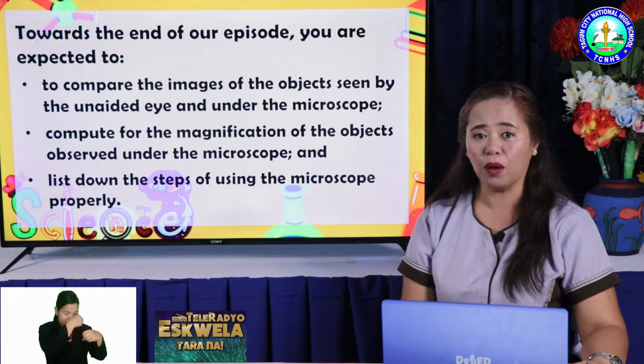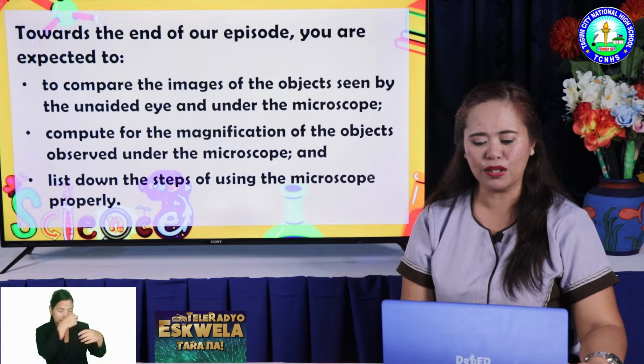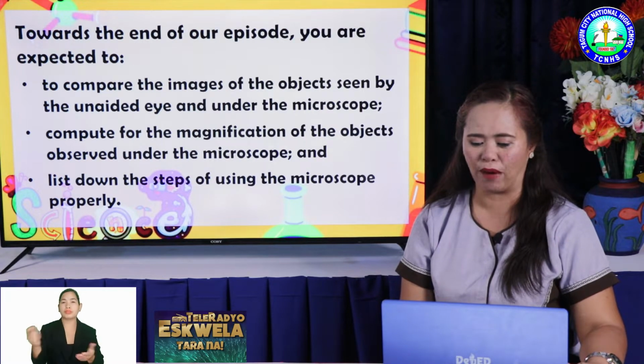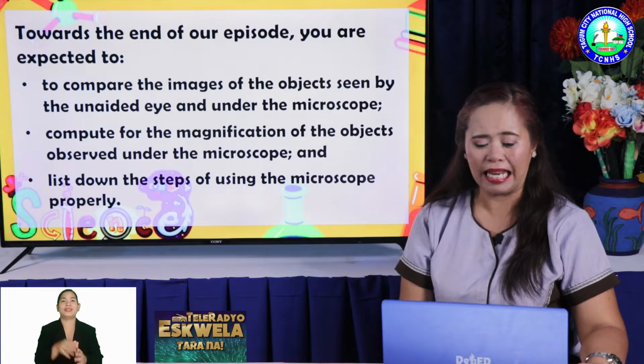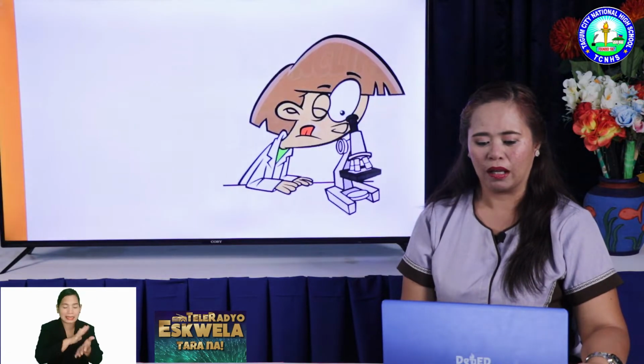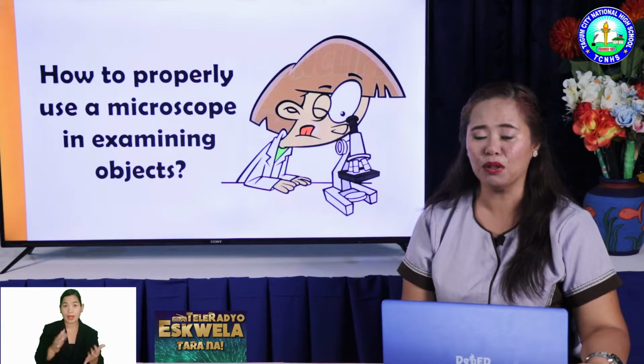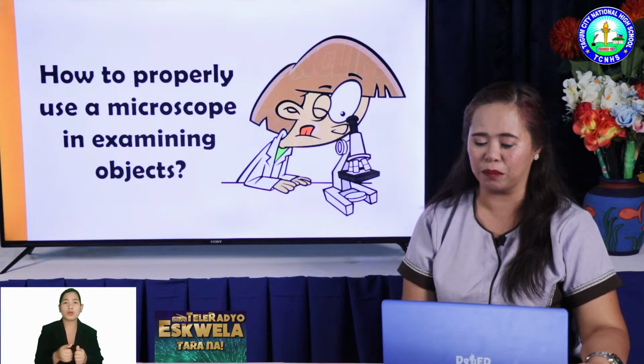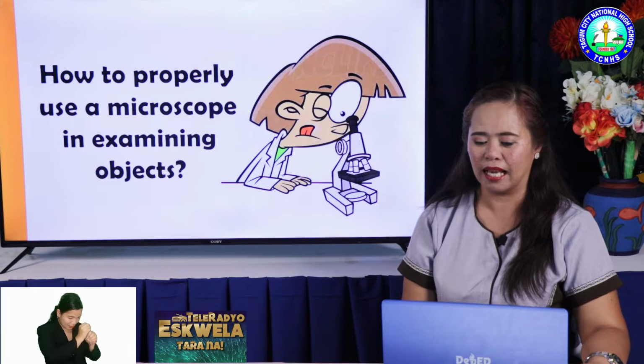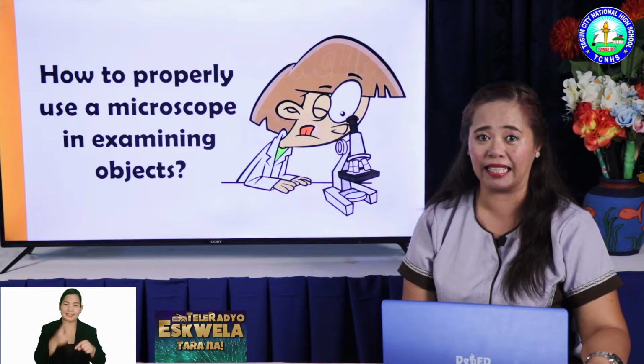A microscope is a tool that is used to enlarge the view of a very small object or specimen to see its details clearly. Today, we will be learning about how to properly use a microscope in examining objects and samples that cannot be clearly seen with our unaided eye.